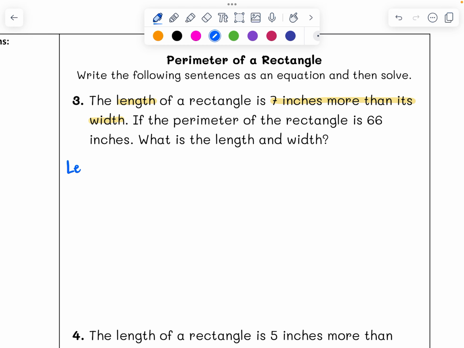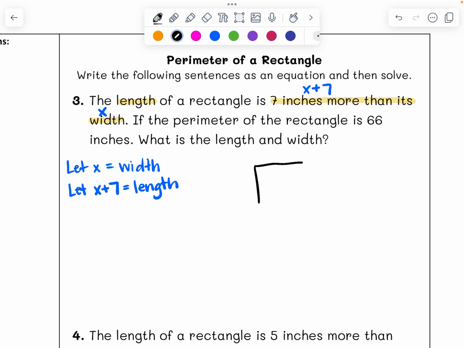So I'm going to say let x equal the width. And then if the width is now x, and we know the length is 7 more than the width, then my length is x plus 7. So I'm going to say let x plus 7 equal the length.